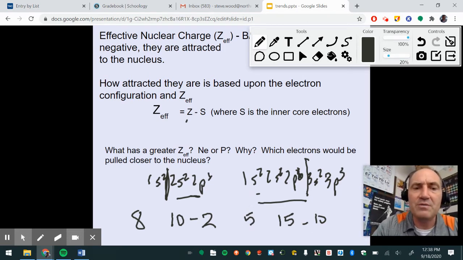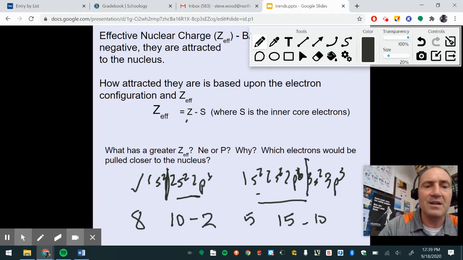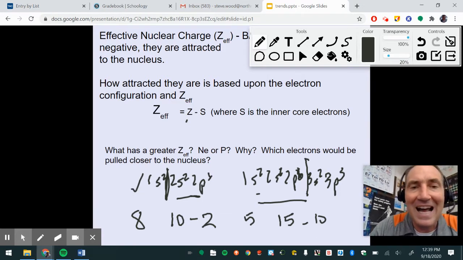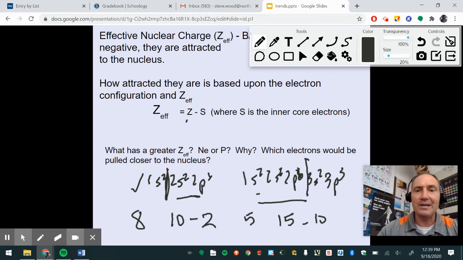Which electrons would be pulled closer to the nucleus? We would say this one because it has a higher effective nuclear charge. Basically, if you have more protons in the nucleus and fewer core electrons, they're going to pull the electrons closer through attraction, through Coulomb's law, because distance and charge are the two factors that draw these electrons in.